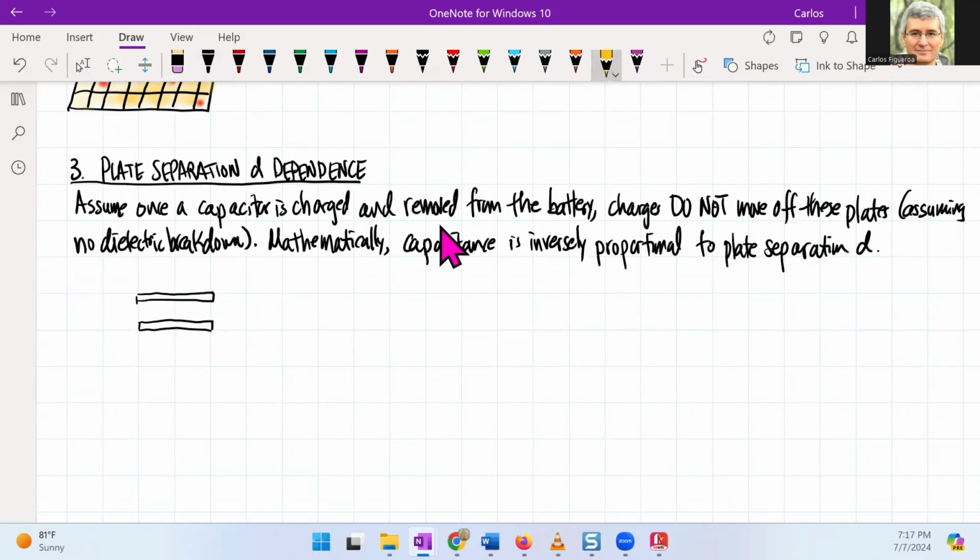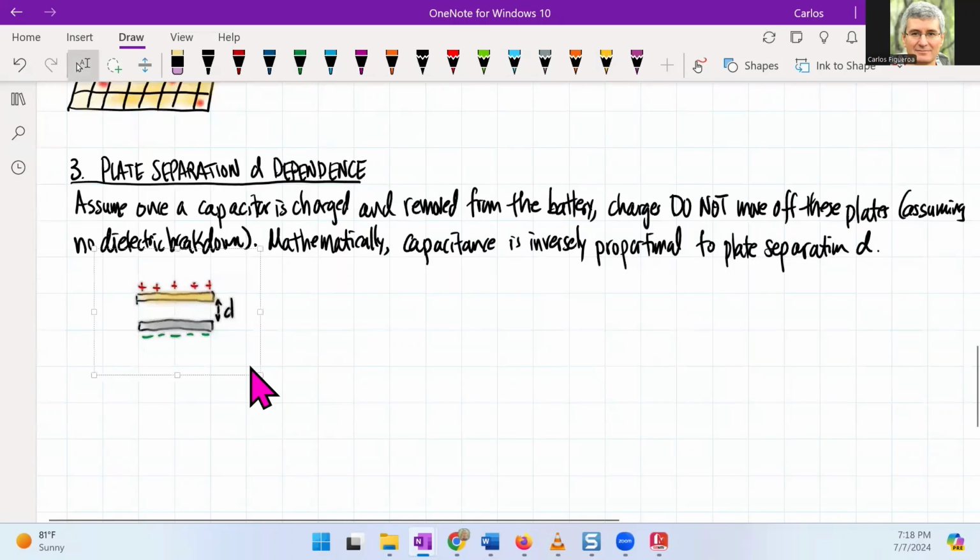And the charge is going to be the same in each situation. So in other words, in this situation, if this guy has 5 charges, then this one's going to have 5 negative charges. And we're going to see here is that this distance right here is going to be our plate separation.